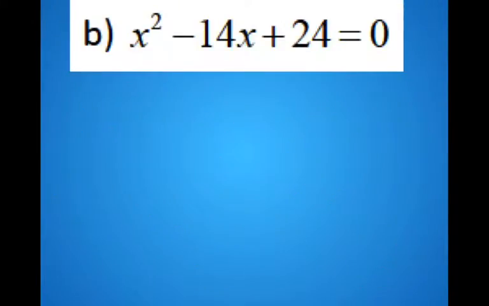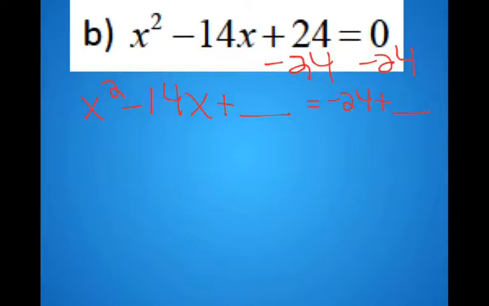Alright, next one. So first thing we want to do here is move the constant over to the right. So we're going to subtract 24, subtract 24. So we're going to have x squared minus 14x plus a nice blank equals negative 24 plus a nice blank.